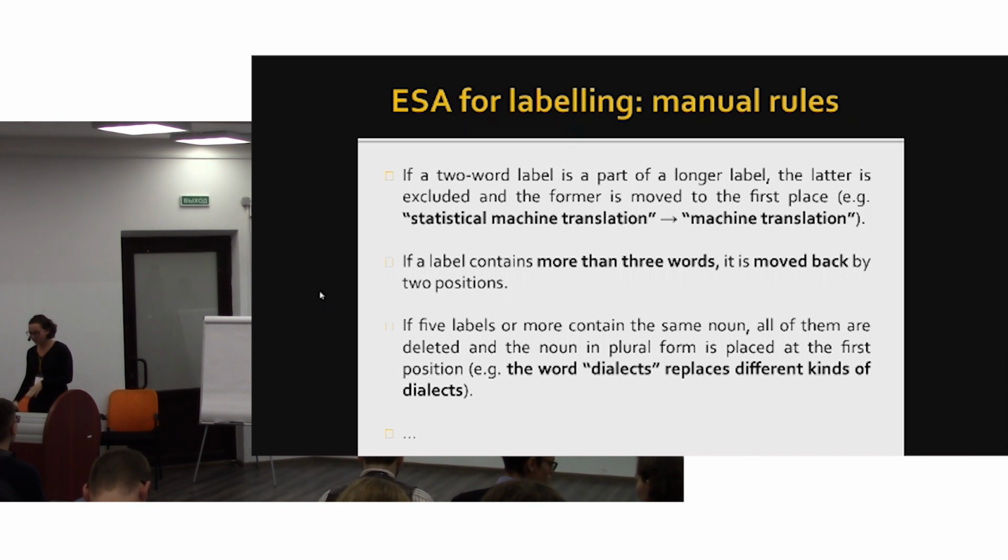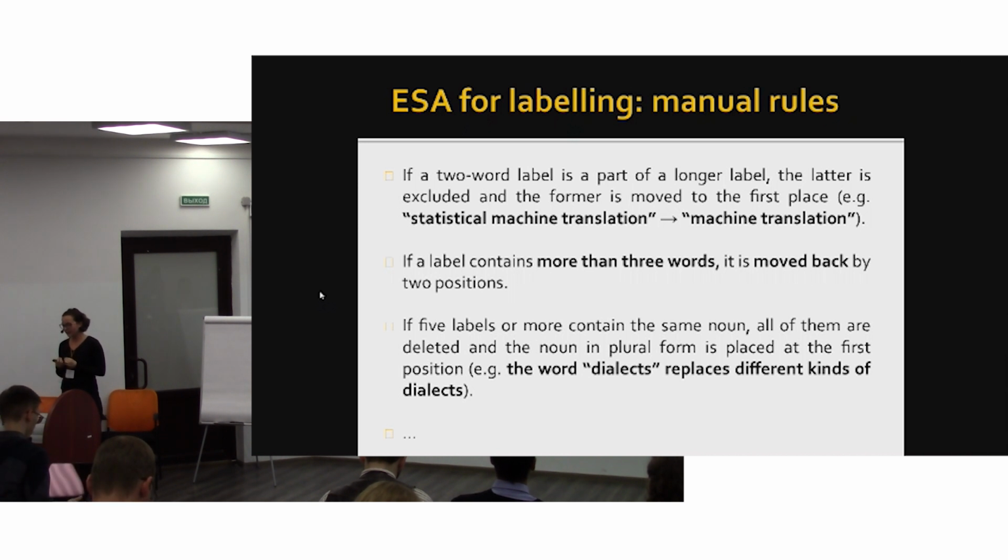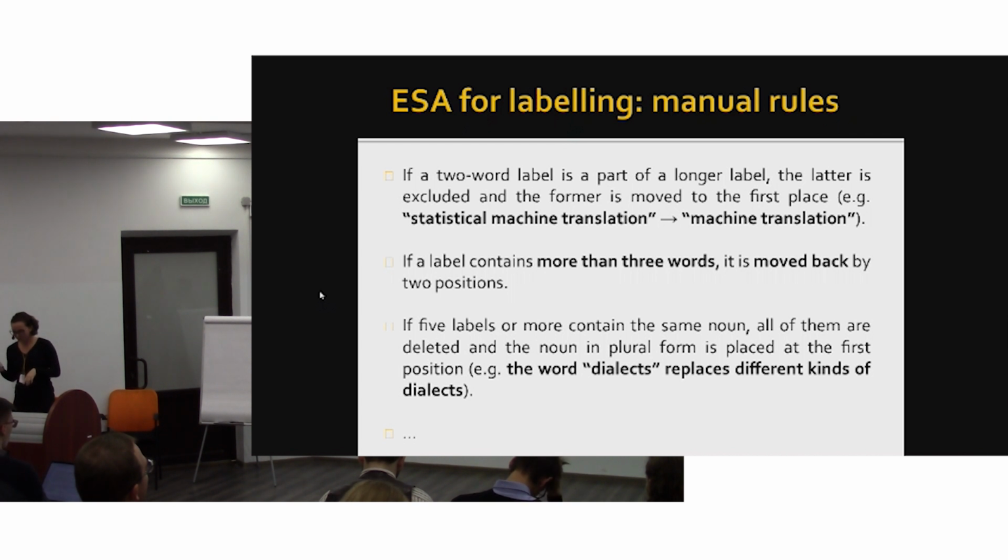Also, we exclude very long labels because they're often too specific. And we try to deal with cases where, for example, we have lots of different dialects as candidate labels. We just replace them with the word dialects.